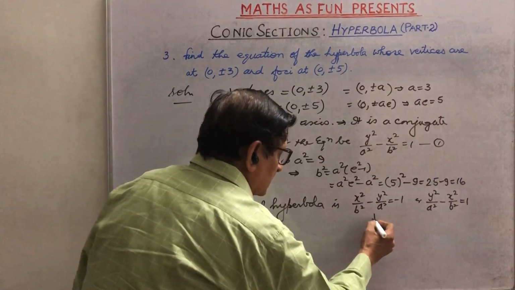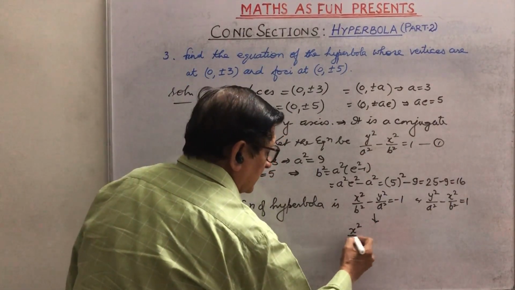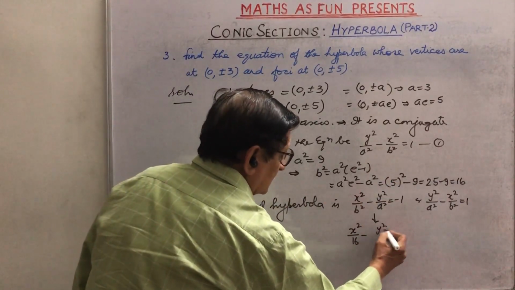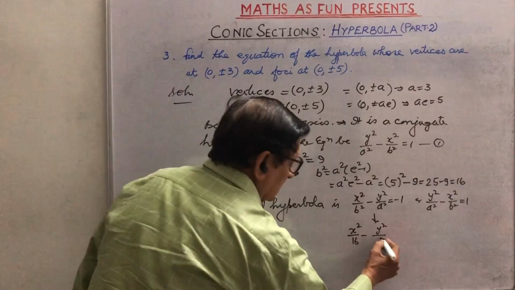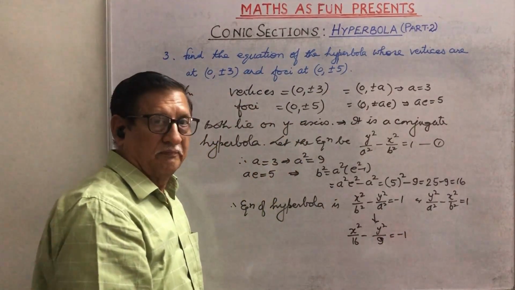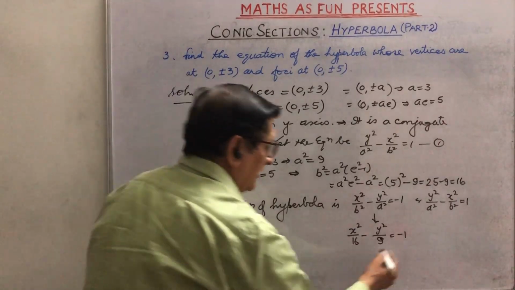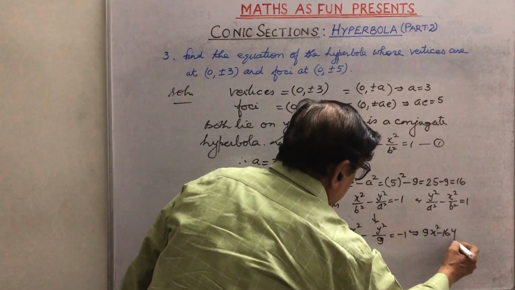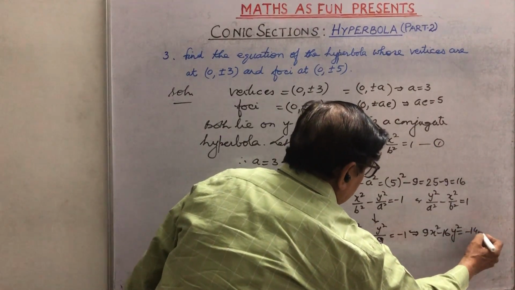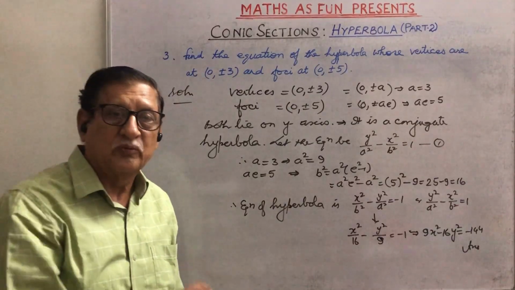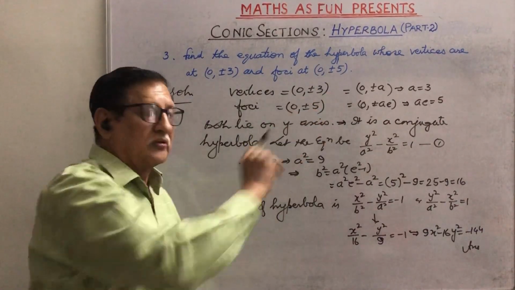If we apply this, we are getting the equation as x square upon b square is 16 minus y square upon a square is 9 is equal to minus 1. If we take the LCM here, we can also write this as 9x square minus 16y square is equal to minus 144. This is the equation of the hyperbola according to the given value.